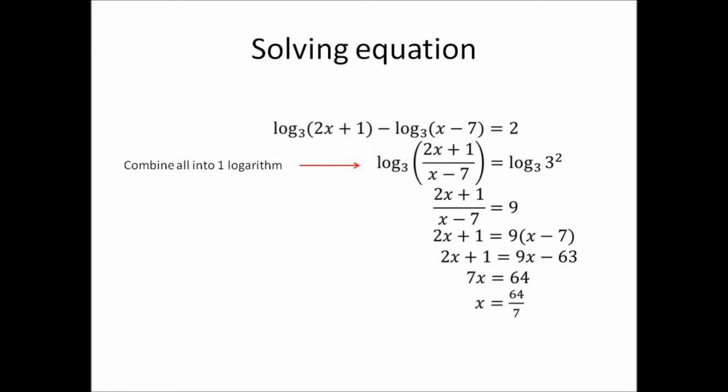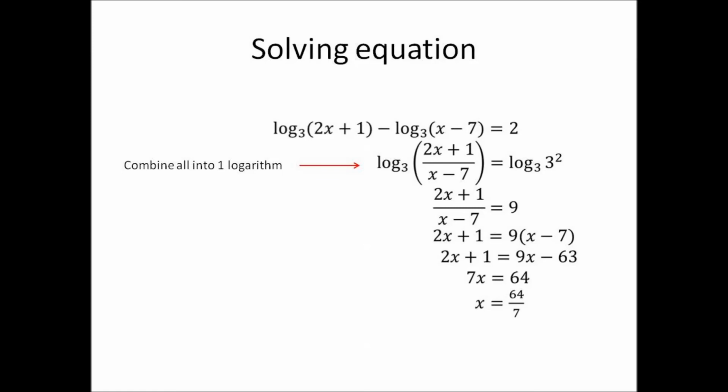Most of the time we want to make it a logarithm with the same base power as on the left hand side. So what we can do is we can always change that to log base power 3 of 3 square. Remember this, if we apply the power law, that itself would be equals to 2.